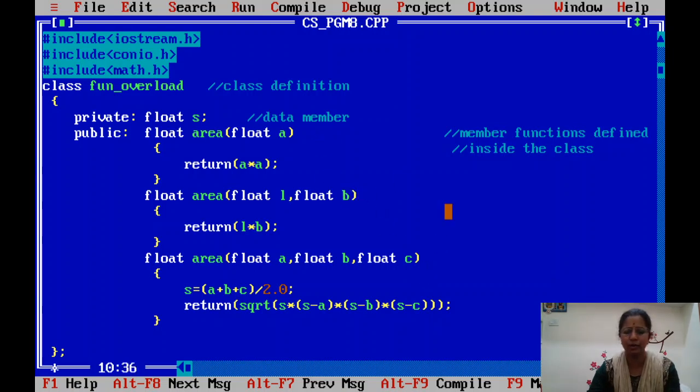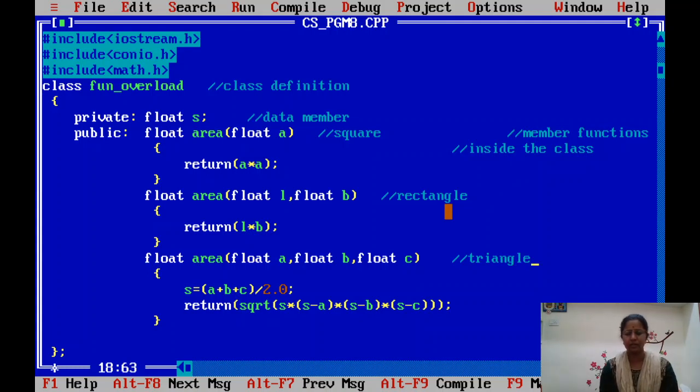Please remember, if you want, you can write it here as member functions defined inside the class. This is for finding the area of a square, this logic is implemented for finding the area of a rectangle, and this is to find the area of a triangle.